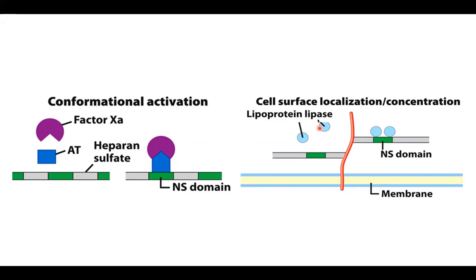What's happening is that my lipoprotein lipase is binding to the NS domain. Once it binds, it increases the activity of the enzyme, which means there's going to be more breakdown of fats.